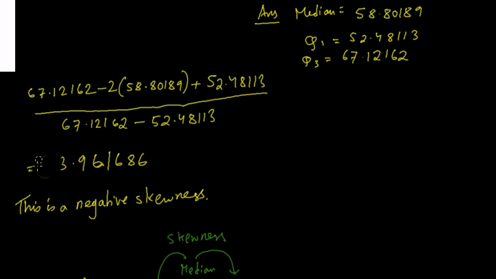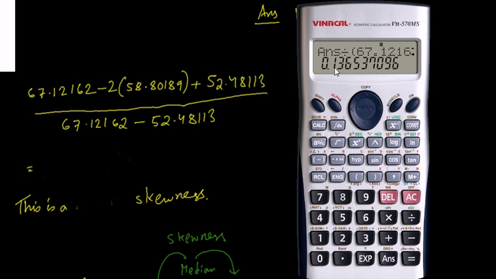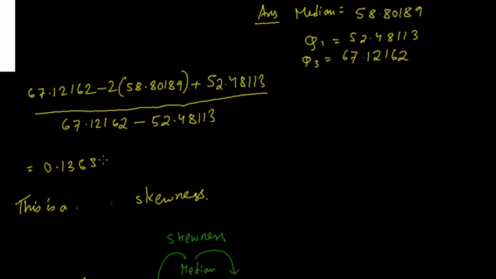So there was a mistake here, so let me clear this. This should be 0.136537, and it would be positively skewed.